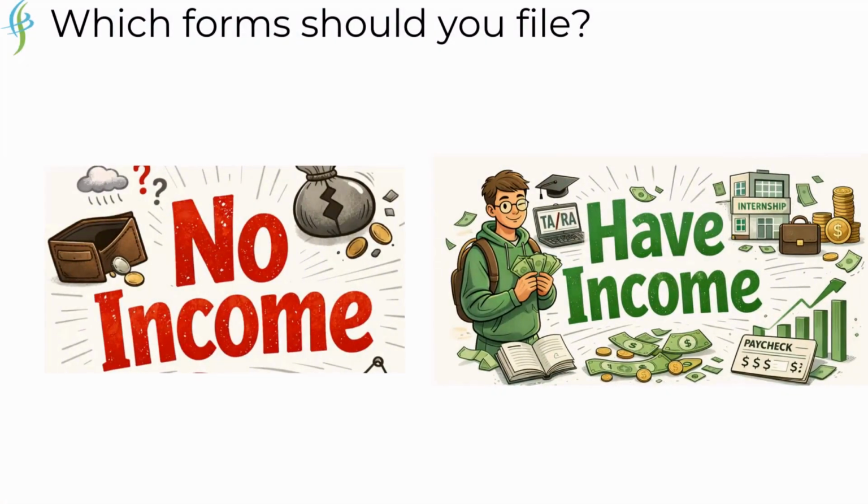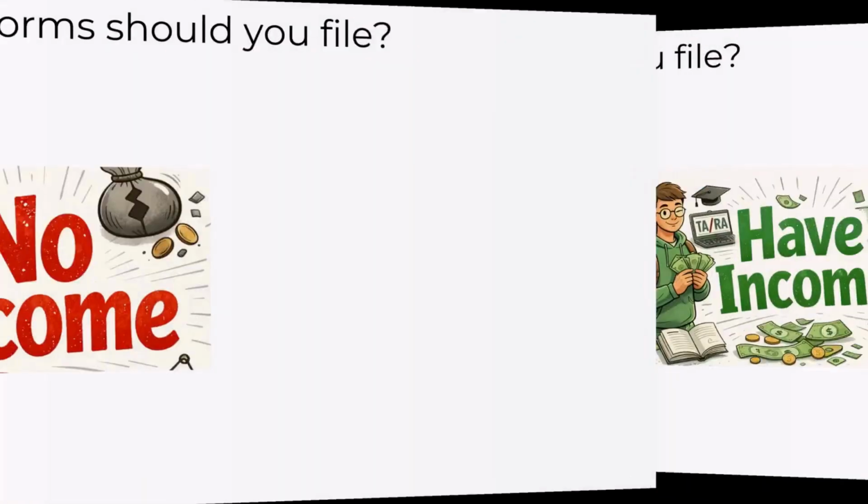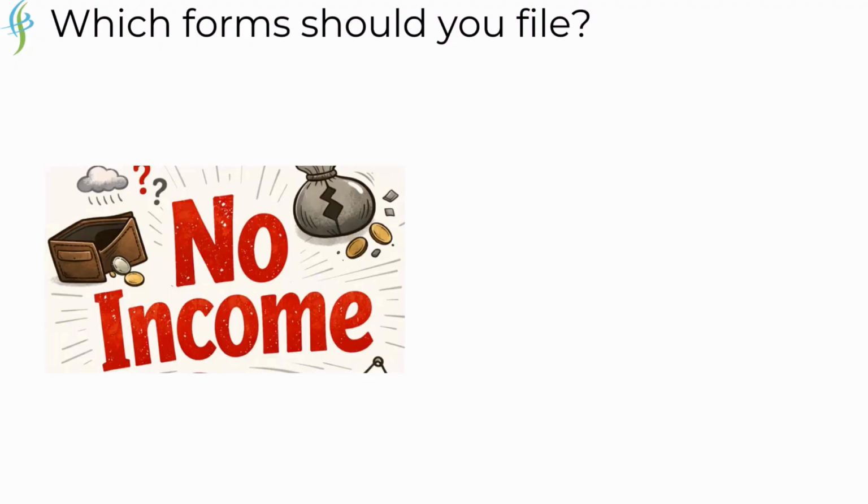Now, once you are clear with your tax status, let us understand the tax filing requirements. From a tax perspective, there can be two possibilities. Either you will have income in that year or you will not have income. Now let's say that this was your first year when you moved to the US and therefore you did not earn any income in 2025.